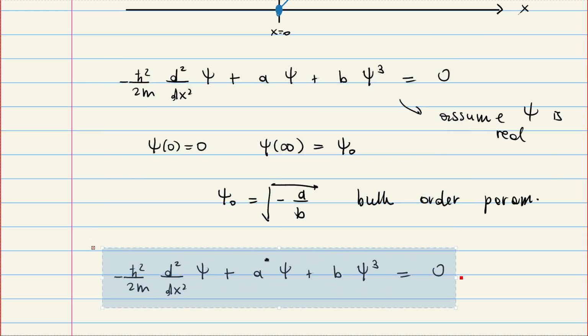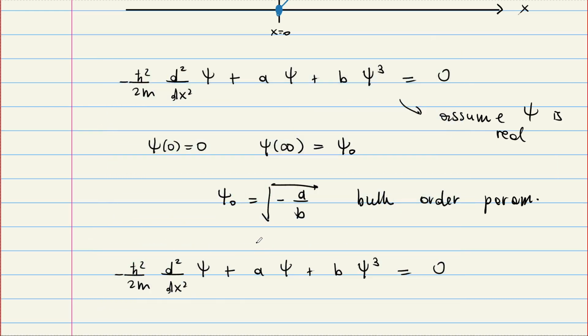So let me copy this, and I want to divide this by the absolute value of A. We know in the superconducting phase A is negative, so I'm going to put a minus here, and this is going to be B over the absolute value of A. And now I want to divide everything by psi naught. This is psi naught, and this is psi naught.